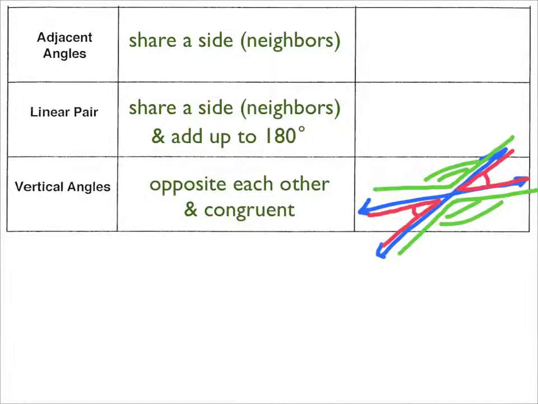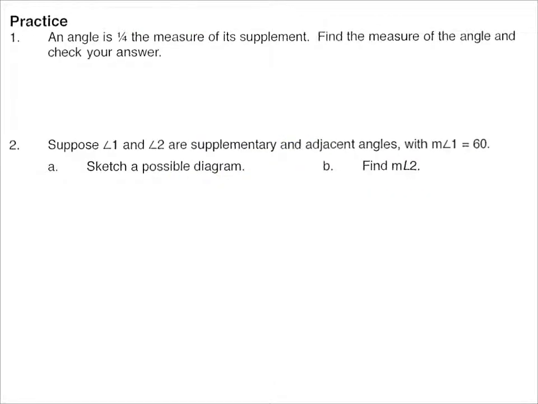There are a few examples. Number 1: an angle is 1/4 the measure of its supplement. So I have an angle, I'm going to call it x. It is 1/4 its supplement, and since they're supplements, they have to add up to 180 degrees. So if x is 1/4 its supplement, the other one must be 4x.